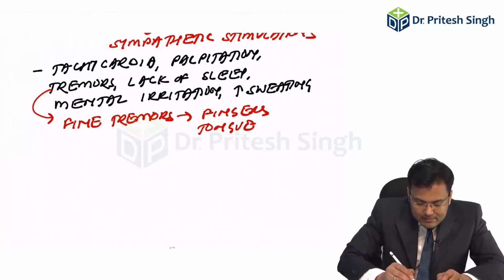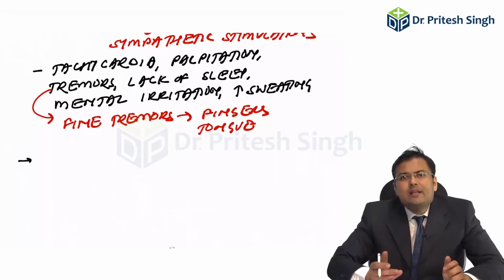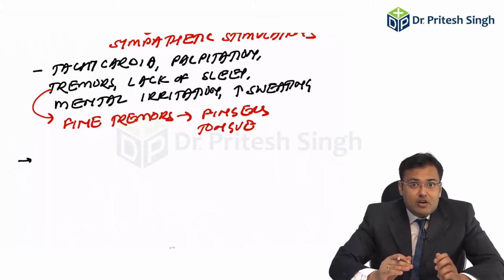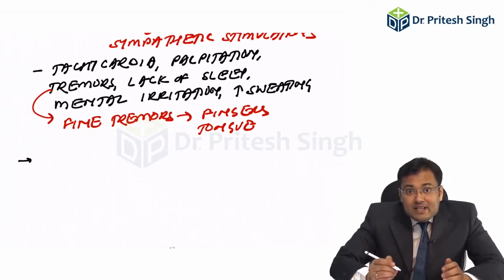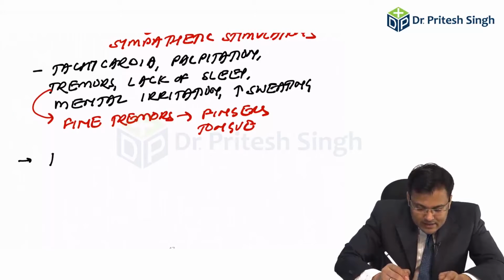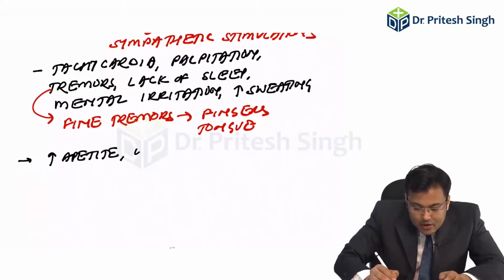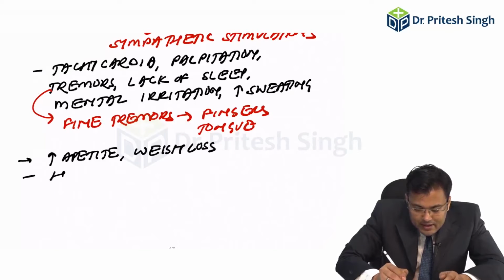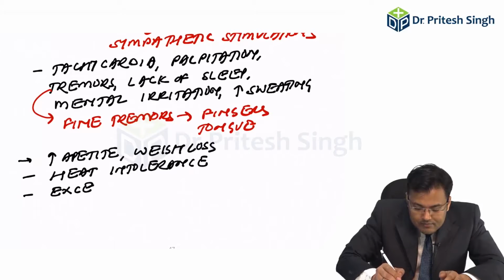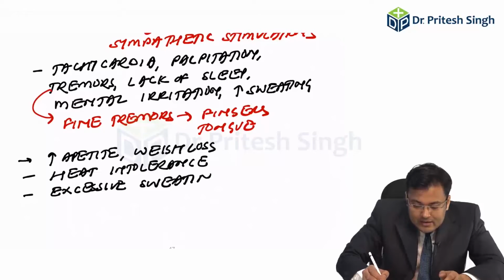After that, symptoms of hyperthyroidism. There is increased basal metabolic rate because of thyroid hormone. So because of increased basal metabolic rate, there is increased appetite, but there is weight loss, there is heat intolerance, there is excessive sweating, and increased thirst.